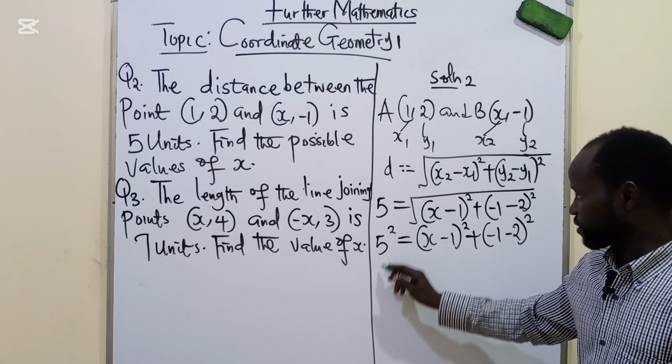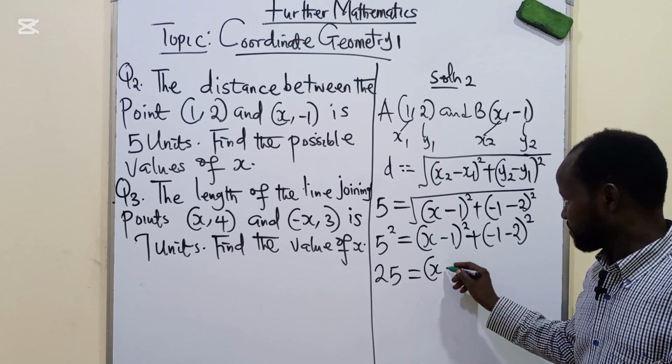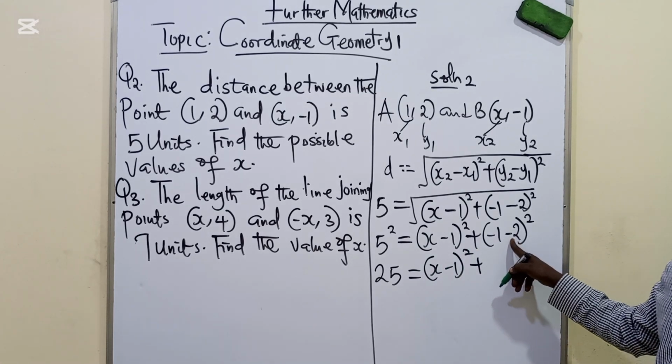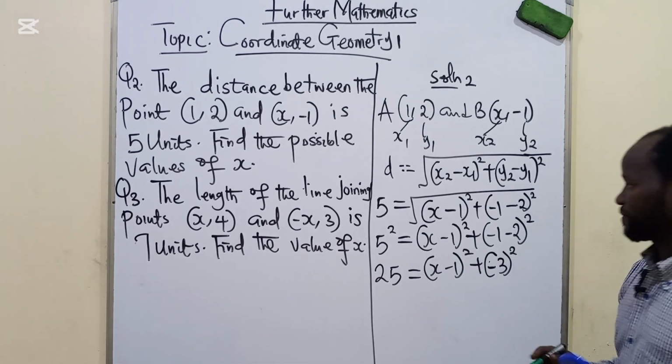We'll have 5 squared is 25. This will be 25 equals (x minus 1) all squared plus (-1 minus 2), that's -3, all squared.